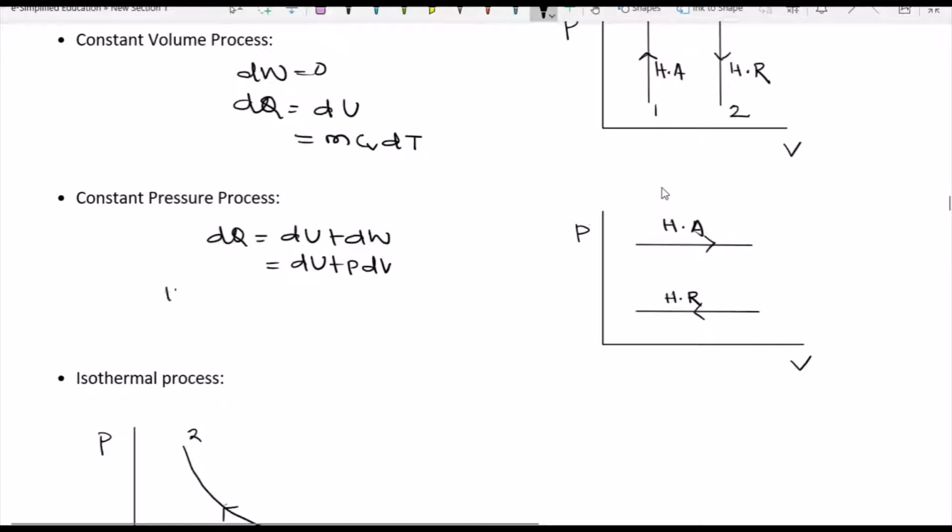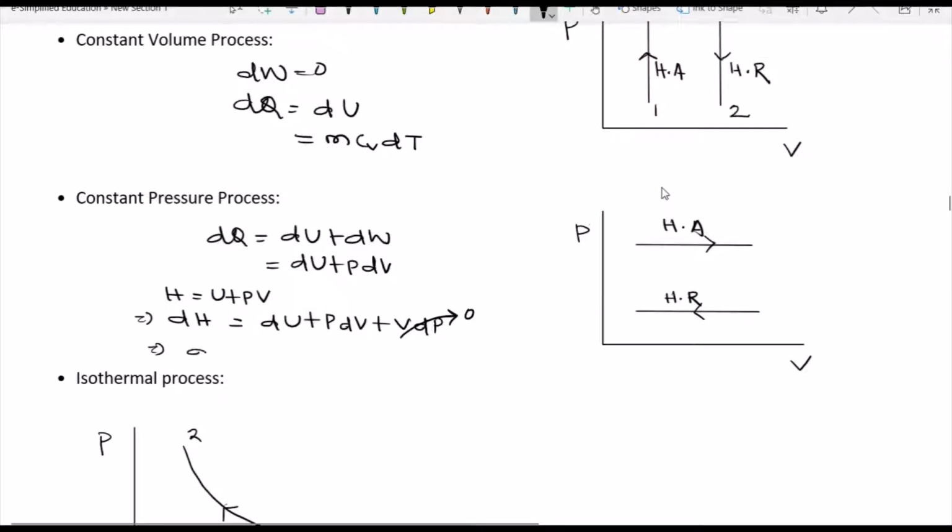Again we know H equals U plus PV, so dH will be dU plus pdV plus VdP, but pressure is constant, so the last term will be 0.